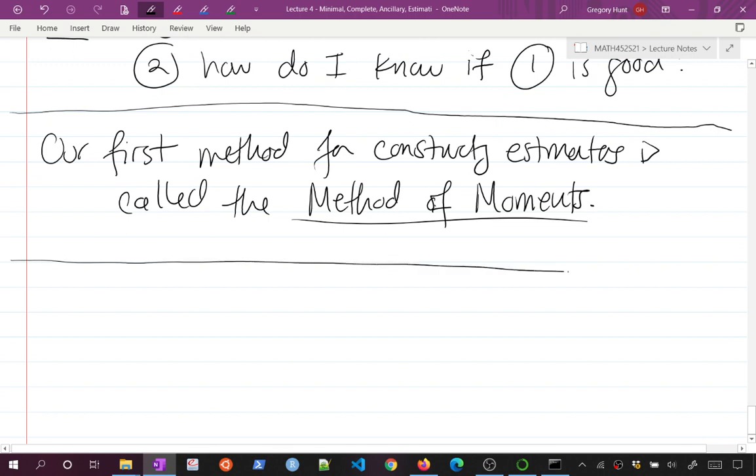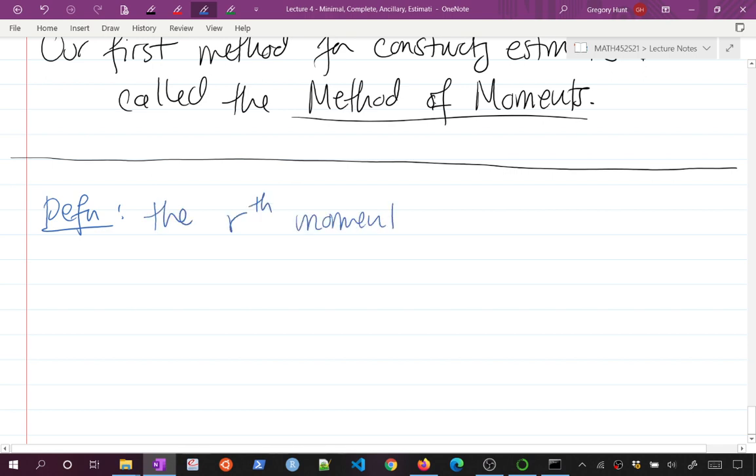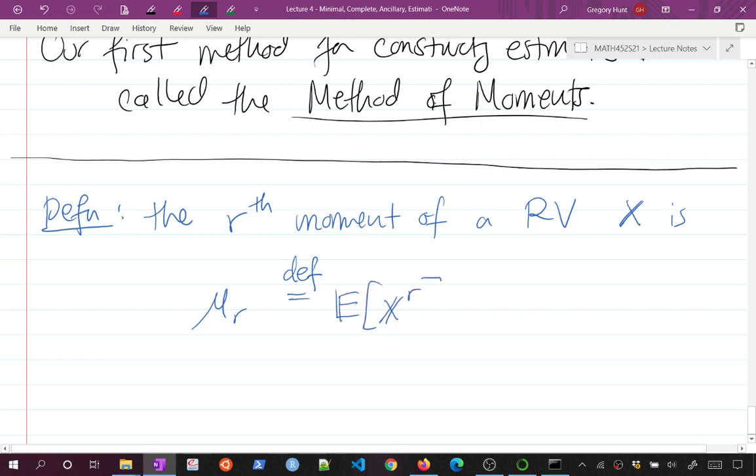And so we should do a real quick review of moments. If you recall from probability, the rth moment of a random variable, let's call it x, is typically denoted mu sub r, and this is defined to be the expected value of the rth power of x.